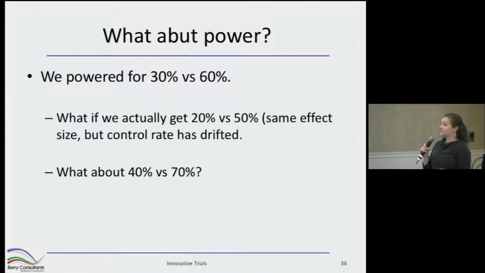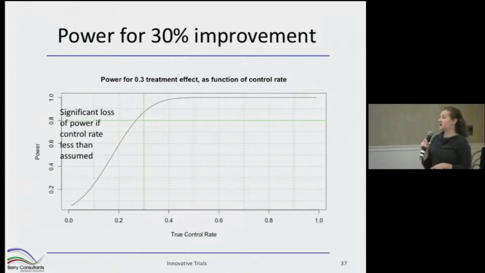So what happens if our control rate is actually smaller? So what if the control rate is actually 20%? And we get an effect of 50%. So we still have a 30% difference from 20 to 50. But what happens is now our control rate has drifted. And what happens, as we'll see on the next slide, is that our power starts to go down.